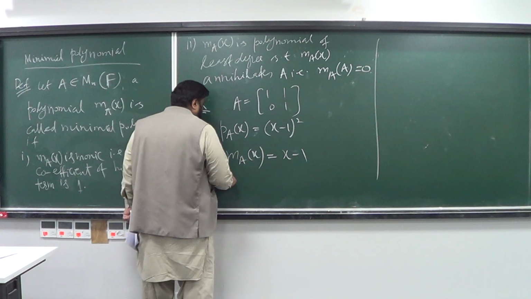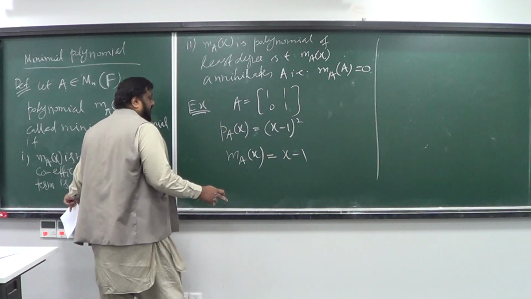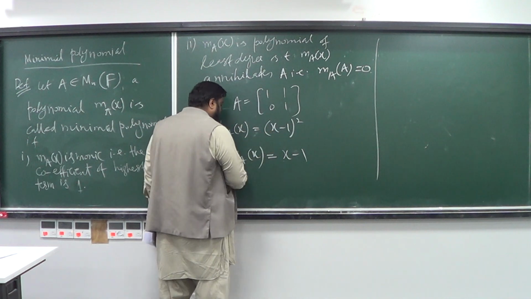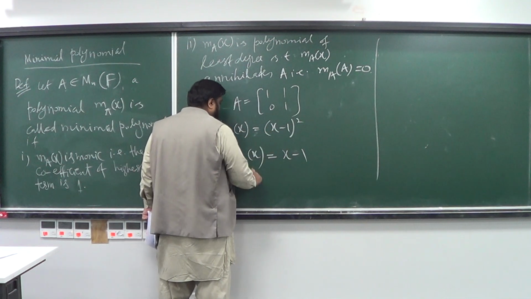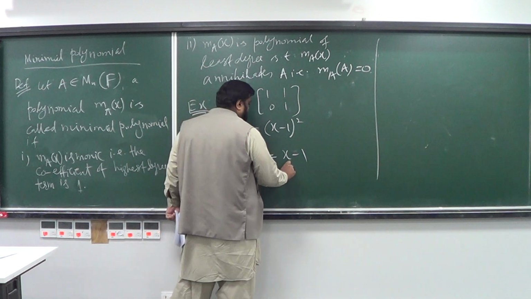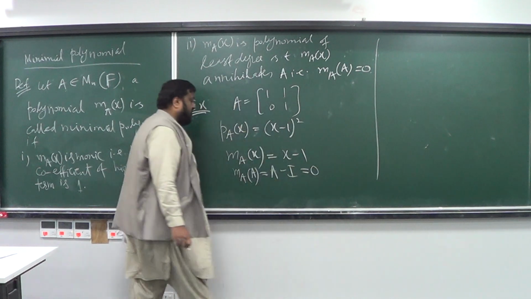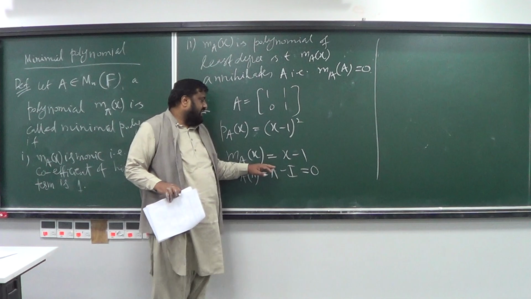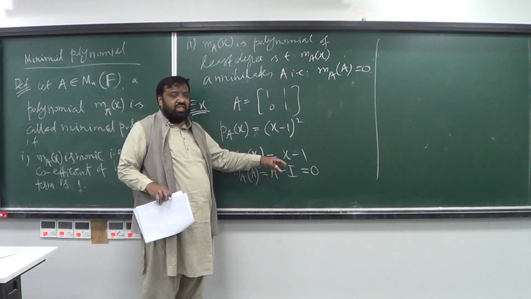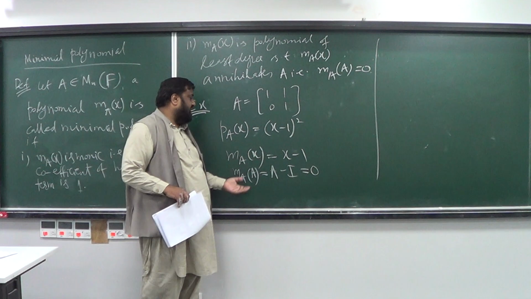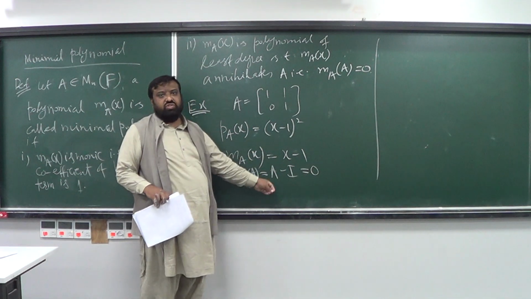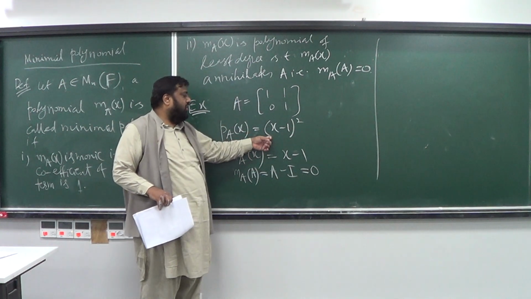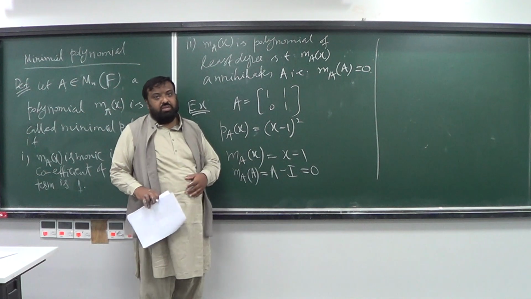Why? Because it is monic, and it has a smaller degree than the characteristic polynomial, such that if you substitute the matrix A, you're going to get 0. So it's the polynomial of the smallest degree, degree 1, such that when you substitute A into it, it gives you 0. So for this matrix, P_A of x is the characteristic polynomial, while this is the minimal polynomial.